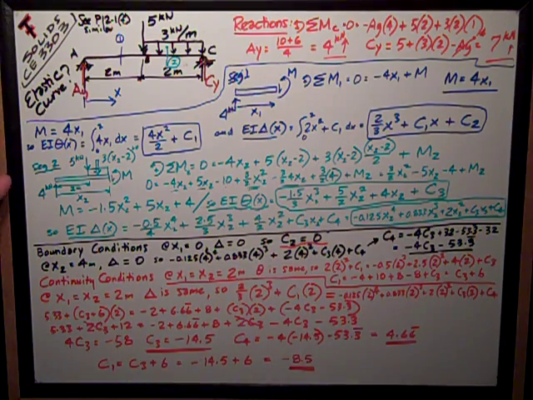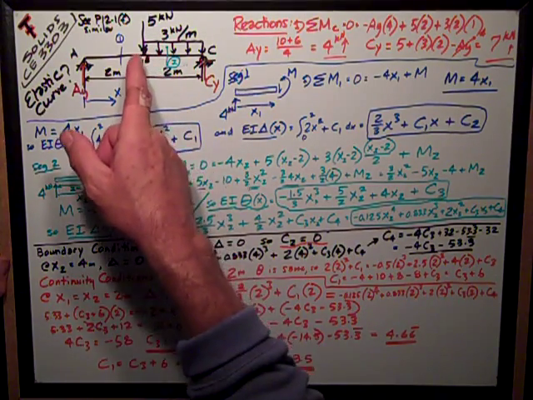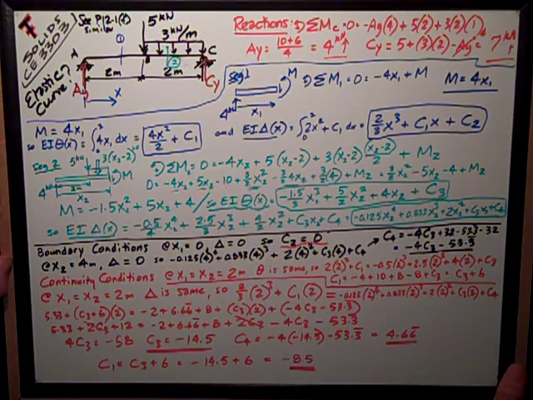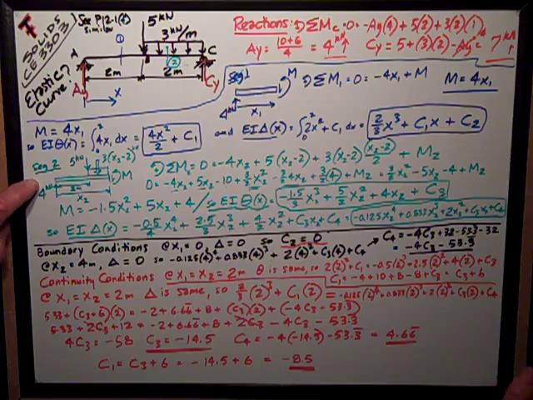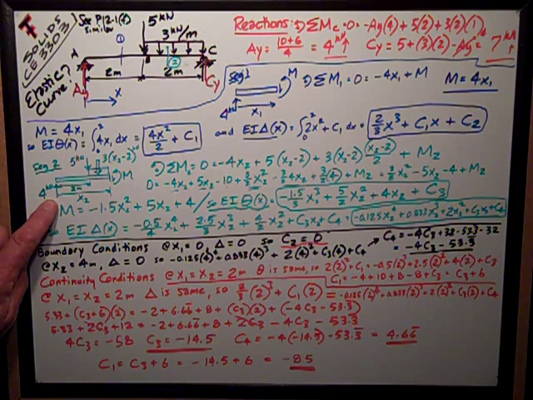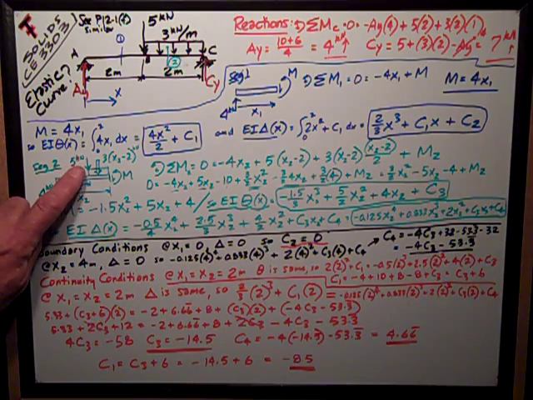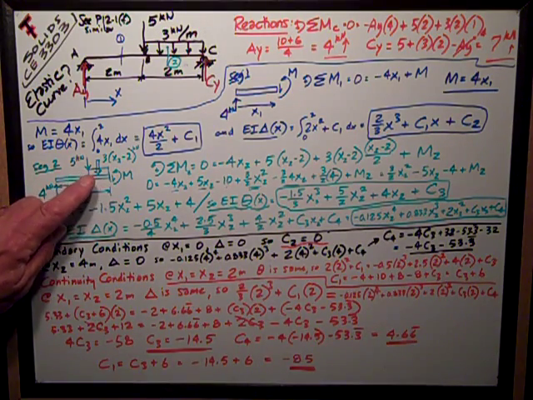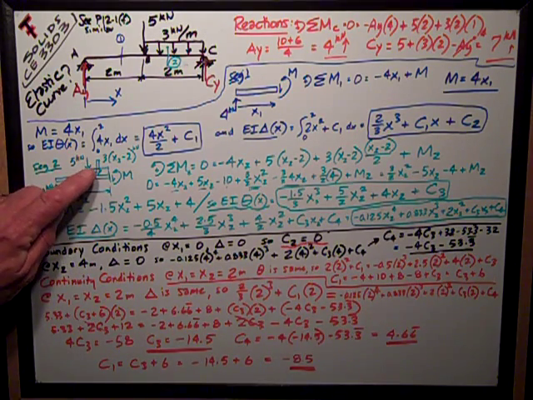Now I move on to segment 2, which is between the midspan where the loads are occurring and the end. Here's my little free body, kind of all jumbled together. The forces acting on it are my 4 kilonewton reaction on the left, my 5 kilonewton load at 2 meters out from the left end, and my uniformly distributed load, of which I have shown the resultant.